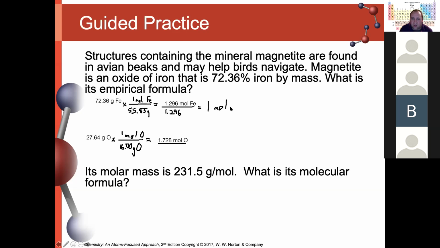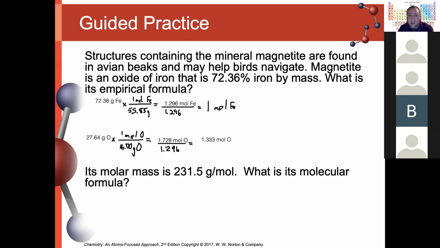So we're going to guarantee that the iron is 1, 1.296 for the oxygen gives us 1.333 moles of oxygen. And so again, here, this is an example of where we have a third.